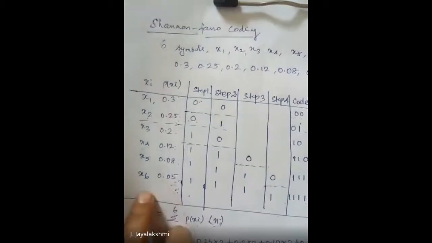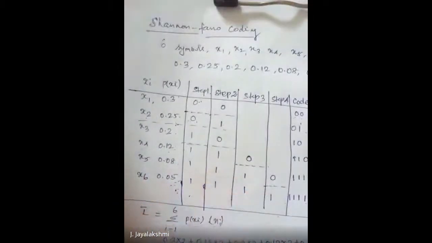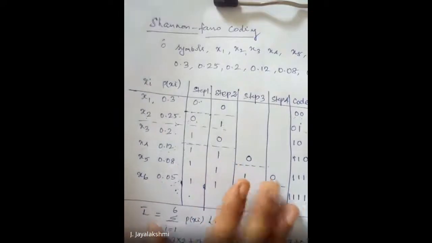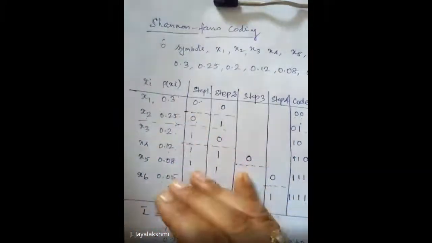So after writing in the descending order, you have to add it in such a way that you are going to divide this into 2 halves. Okay, 2 halves in the sense, almost you are going to divide that into 2 equal parts. Suppose you are given an apple. You are going to divide that into 2 halves, means you will be cutting at the center. Okay, almost, sometimes it may go either side.